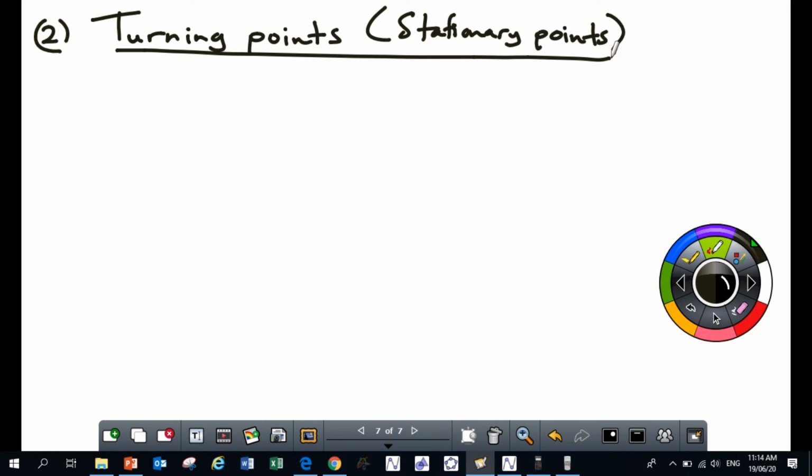Full stop. At the turning points, the gradient is 0. Right, I want you to draw this.